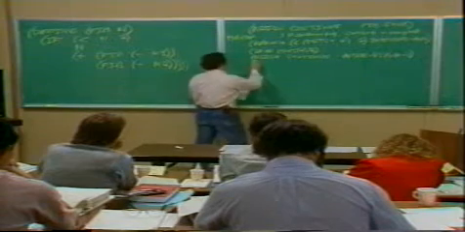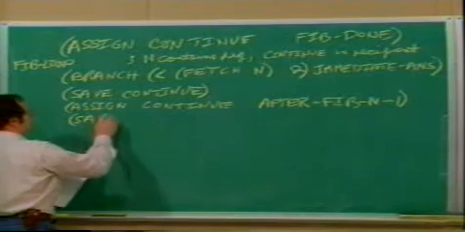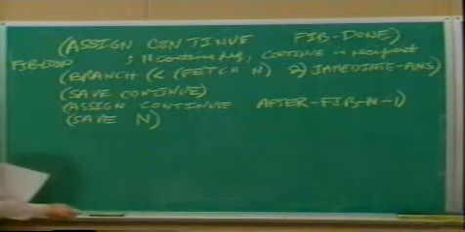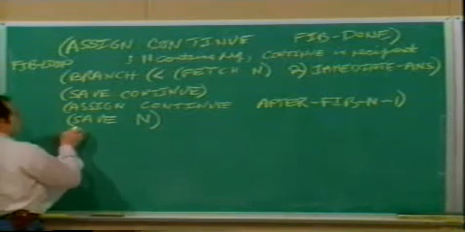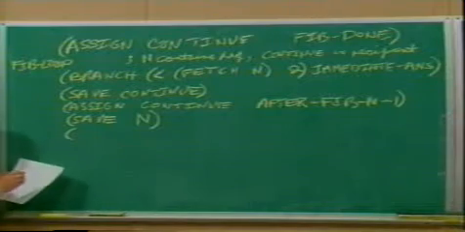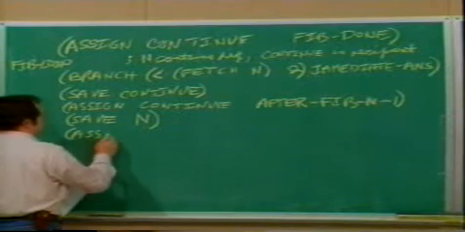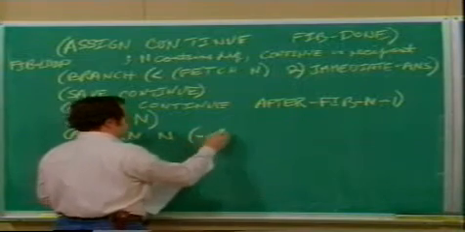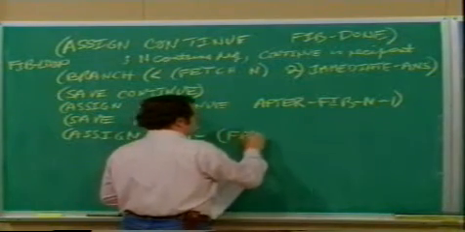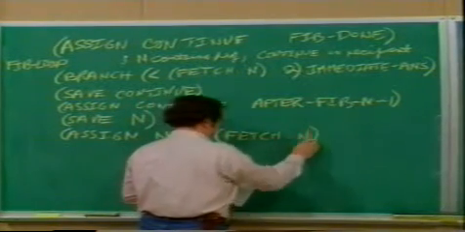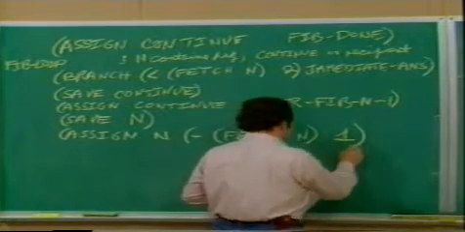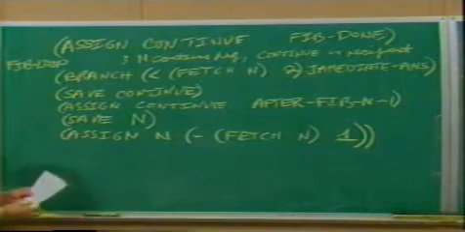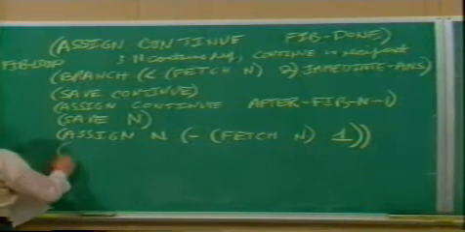And I want to do a save of n, because I'm going to need it later after that. Now, at this point, I get ready to do the Fibonacci of n minus 1. So assign to n the difference of the fetch of n and 1. Now I'm ready to go back to doing the fib loop.